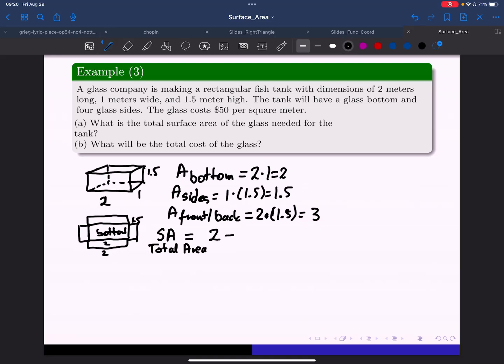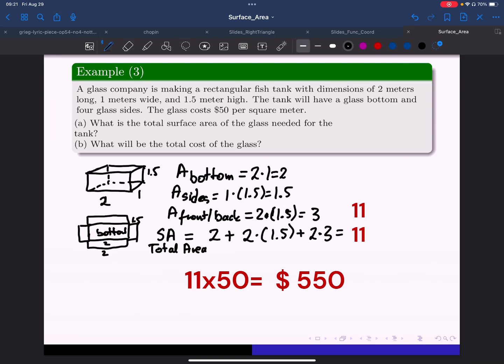So the bottom is 2, then the sides would be 2 of them, 2 times 1.5, plus we have 2 times 3. So if we calculate this all together, we are getting 36 meters square, of course, right?